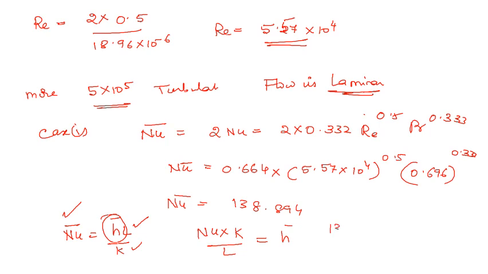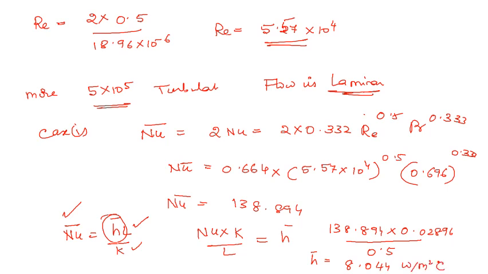Substituting Nusselt number 138.894 into K value 0.0896 divided by length 0.5, I get the average H value as 8.044 watt per meter square degree centigrade.